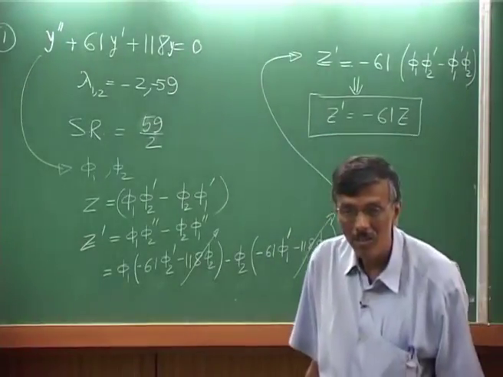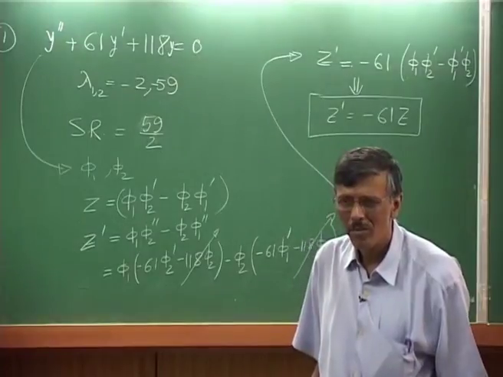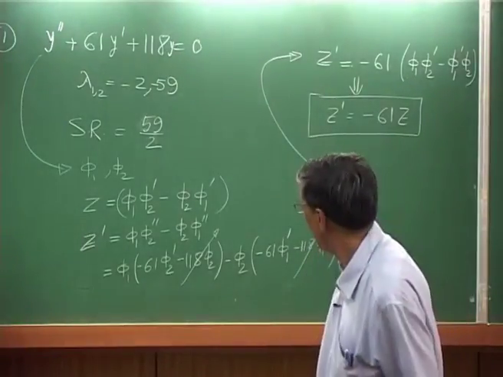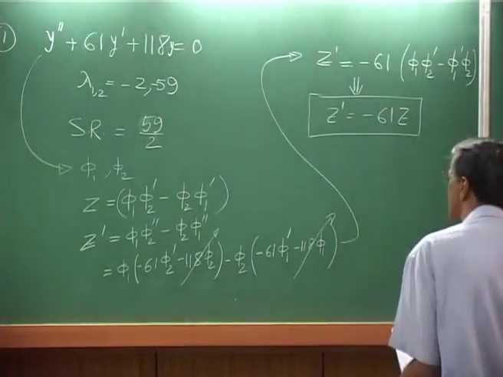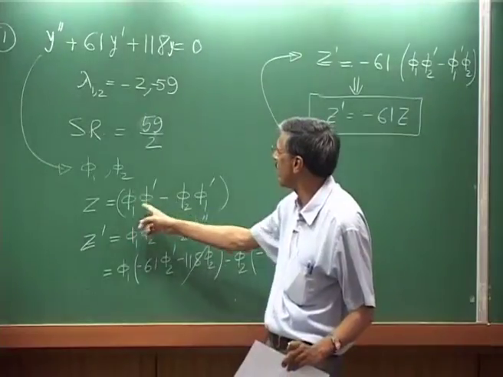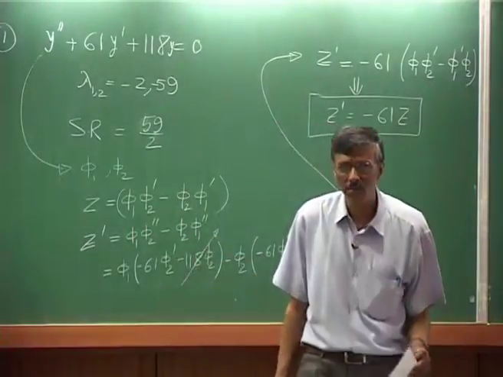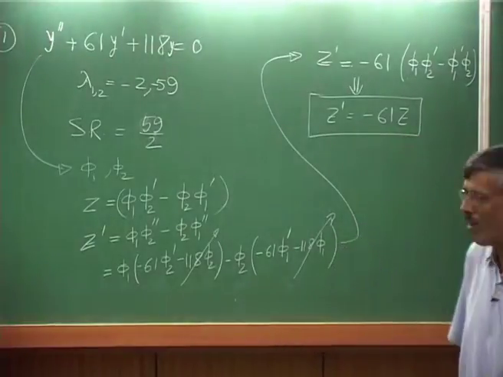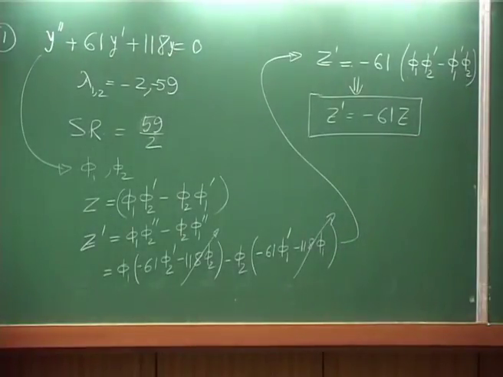Speak loudly, please. Yeah, I just simply differentiated it, because there would be a phi 1 prime, phi 2 prime, that will cancel out, isn't it? So, that is your equation now.